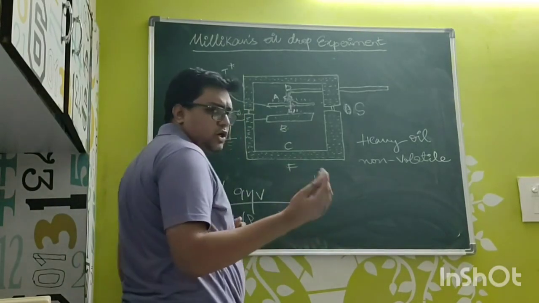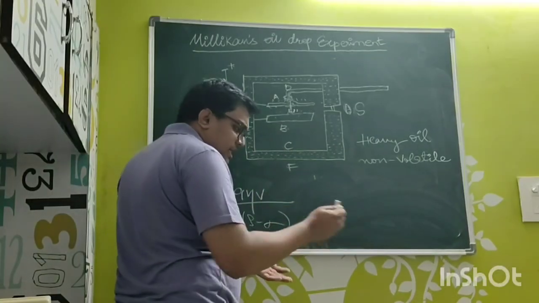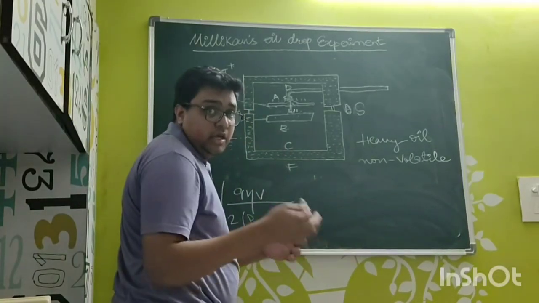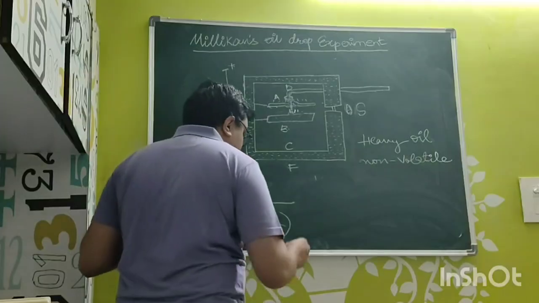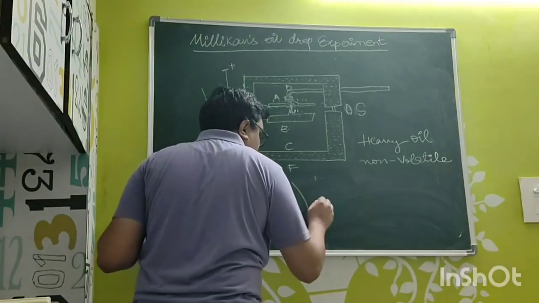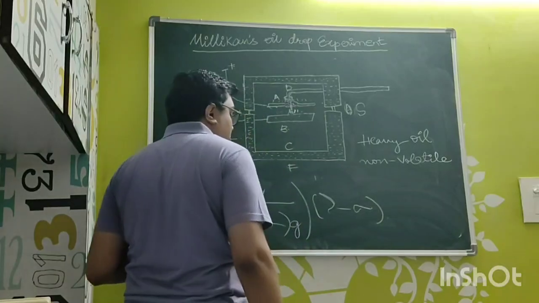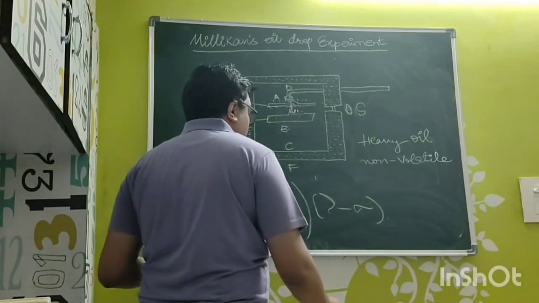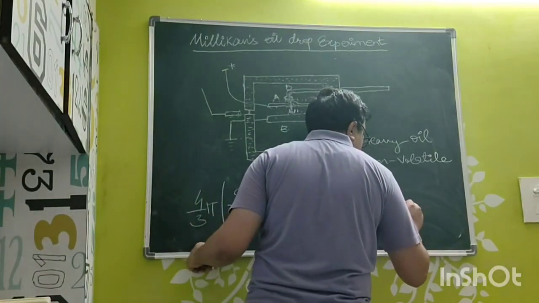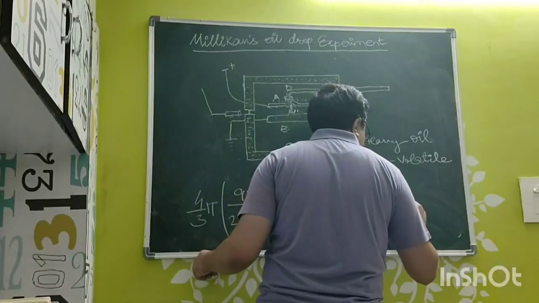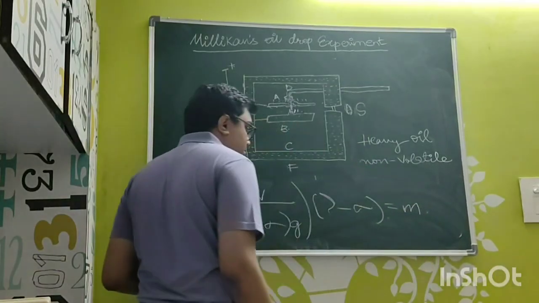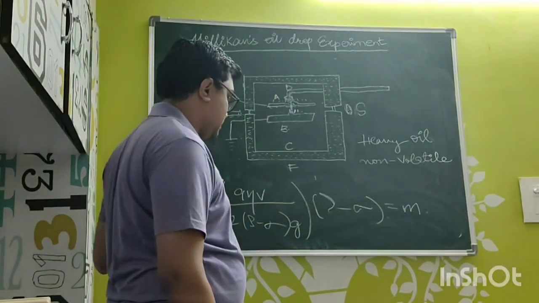You can calculate it yourself; once you get the formula, it's just algebraic manipulation to find the value. This is the effective mass.